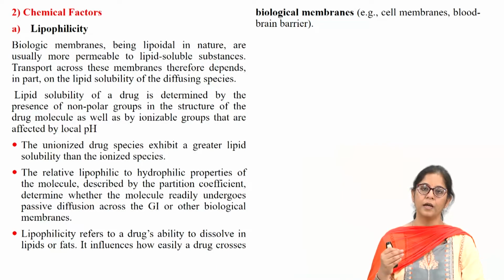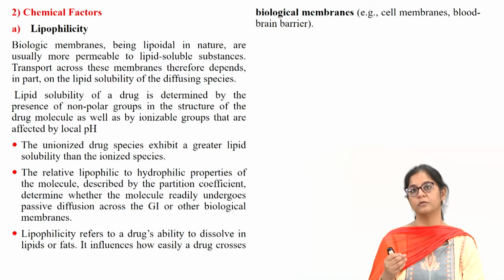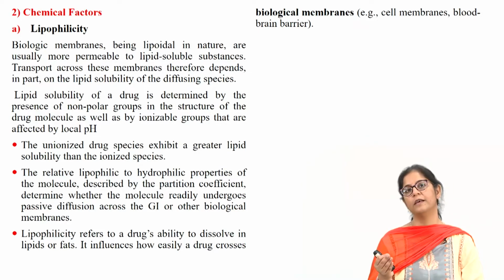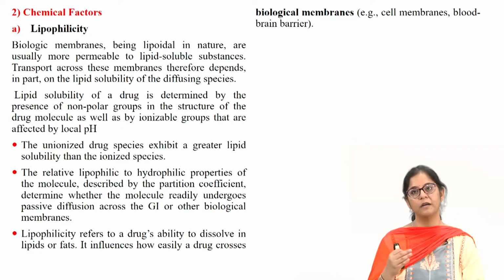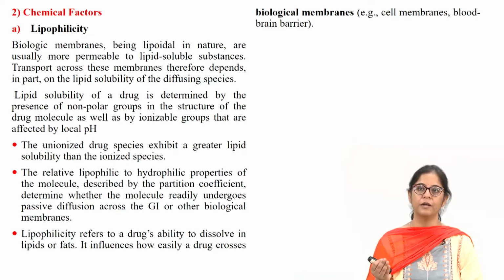So, the unionized drug species exhibit greater lipid solubility in comparison to the ionized species. So, we see that it is opposite. Ionized species have better aqueous solubility, whereas unionized species have better transportation across the lipid membranes.